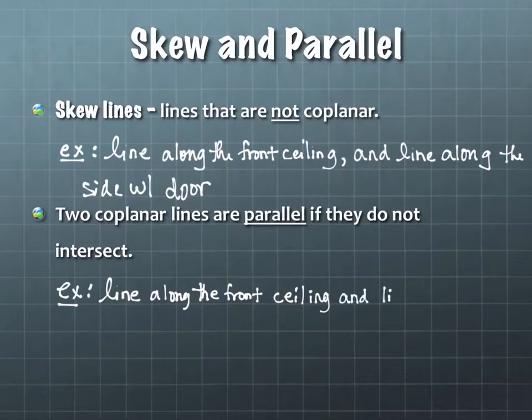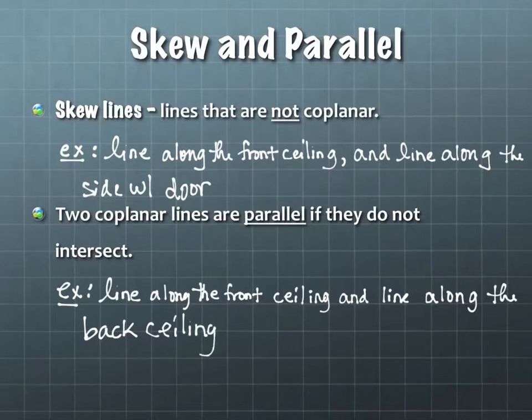And the line along, and we'll just go with the back ceiling. So the line up here along my front ceiling, the line along the back ceiling, I think you could probably very visually see those are parallel lines. They don't intersect, and they're also in the same plane.